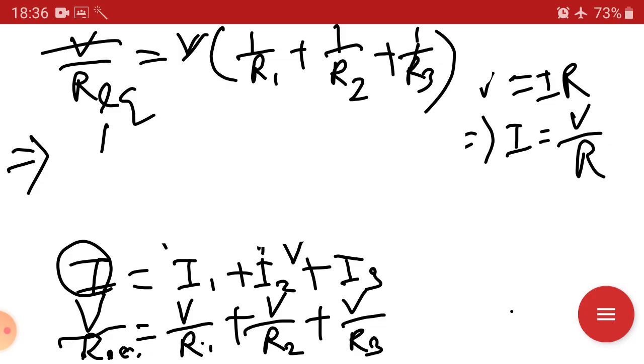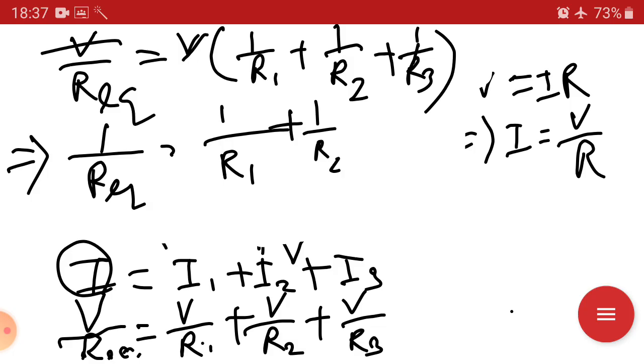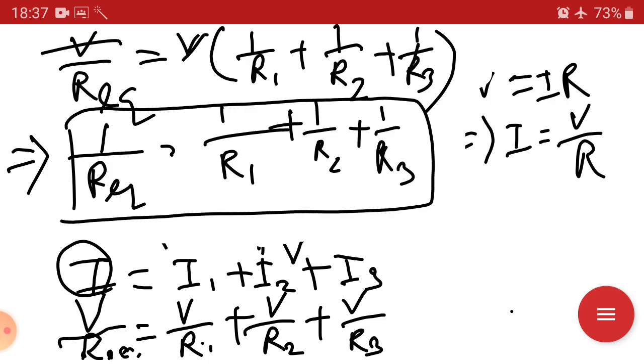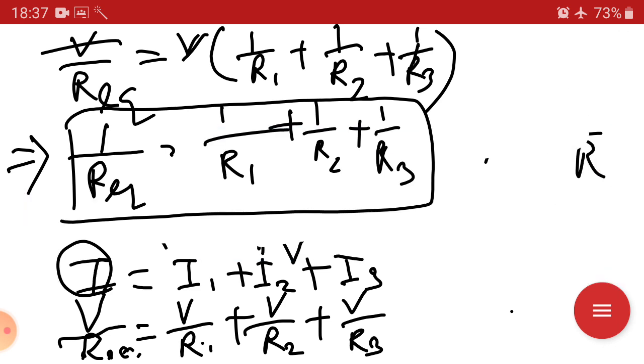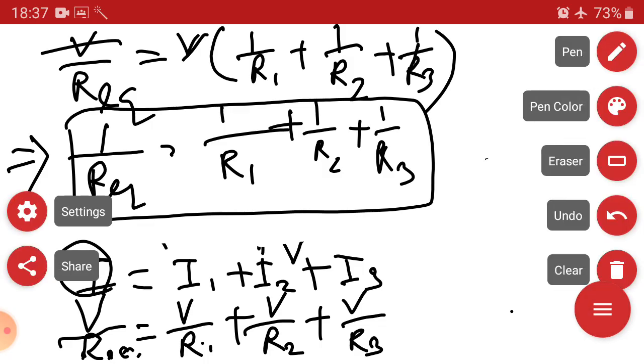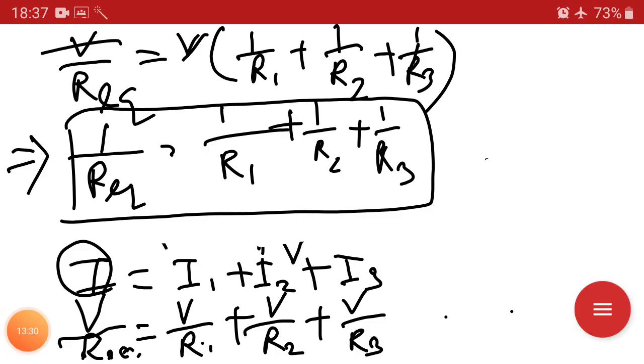So this equation becomes 1 by R equivalent equal to 1 by R1 plus 1 by R2 plus 1 by R3. This is the result if resistors are connected in parallel. If the resistors are connected in parallel, then the total resistance is given by 1 by R equivalent equal to 1 by R1 plus 1 by R2 plus 1 by R3.